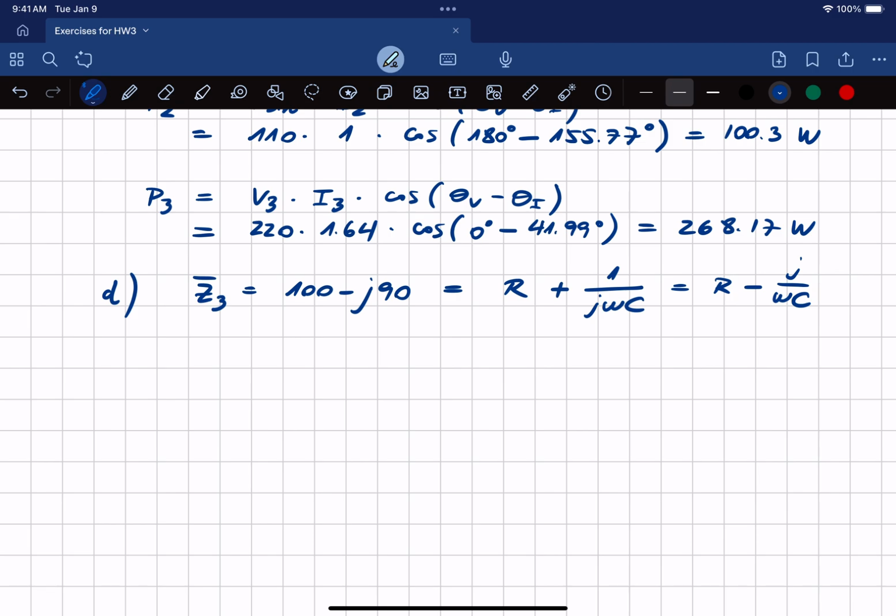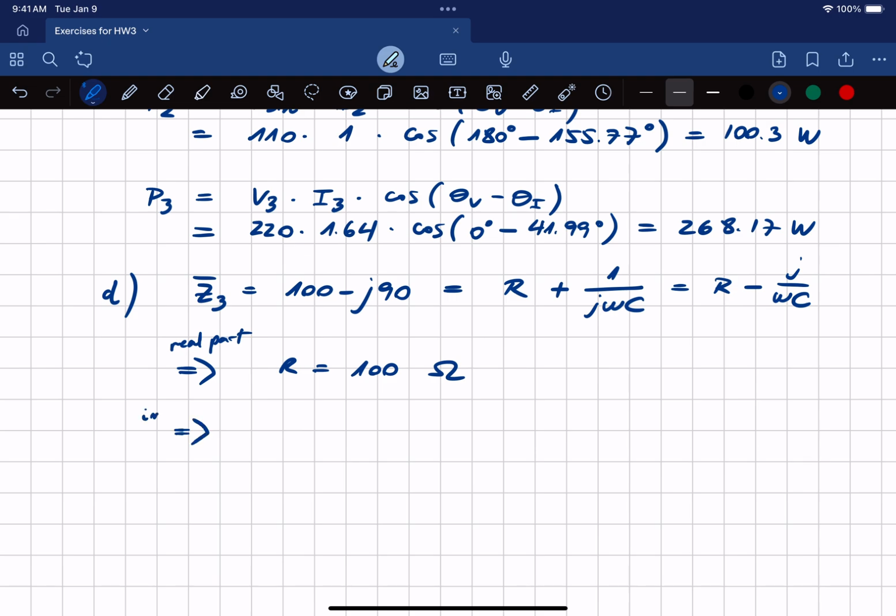Real part R equals 100 ohms. The resistance does not depend on frequency, so we're good at this point.